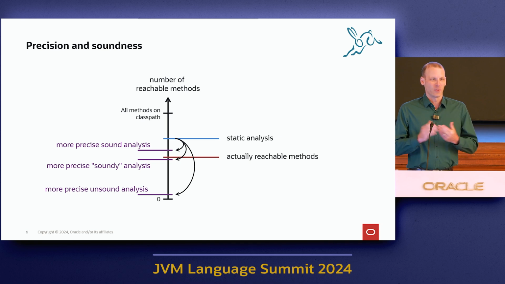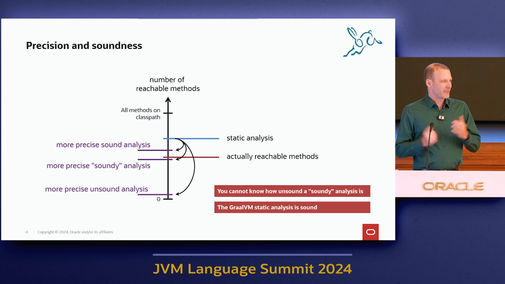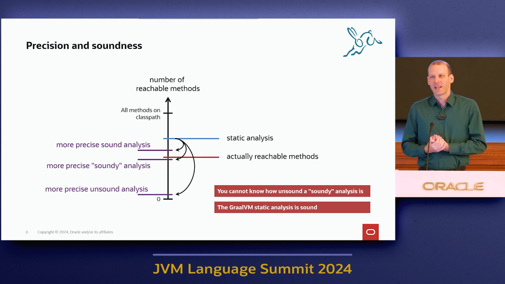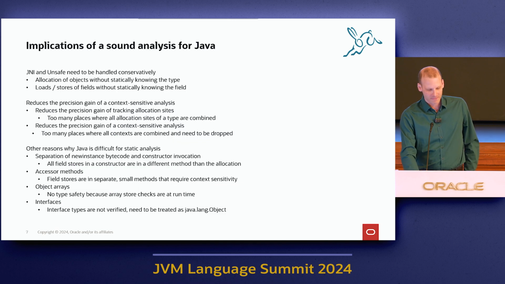When you start out from the compilation angle, anything that's soundy or unsound is a non-starter. So we started out with a completely sound analysis and then tried to make that as precise as possible. My point here is that soundy and all of that is nice, but in the end, you can only really rely on your analysis results when you have a completely sound analysis. And that's actually what we did for GraalVM Native Image.